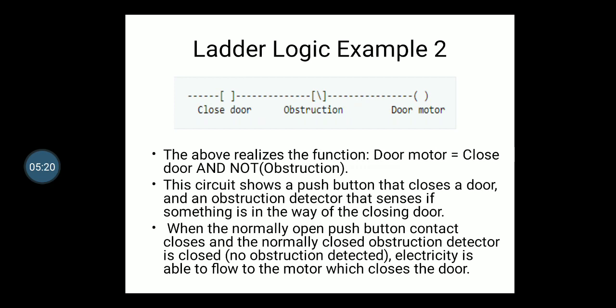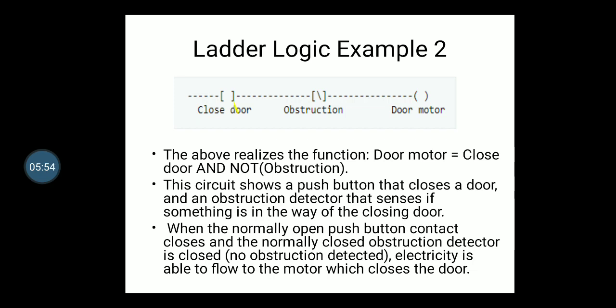Now let's see the second example. Here we have used one normally open switch and one normally closed switch. The obstruction is now normally closed. What does it mean? At rest, this is closed, so the current will flow from here. But when any obstruction comes, this switch will be open, which means there will be no flow of electricity from here. Suppose there is no obstruction, so it is closed and the door is closed.